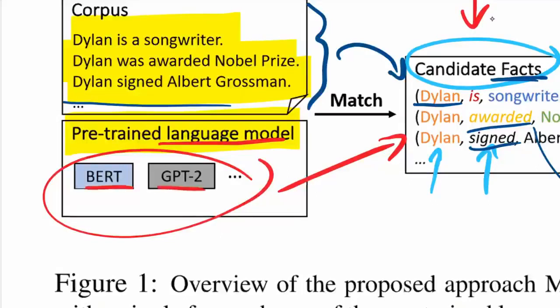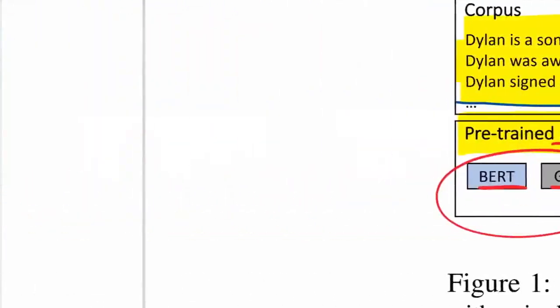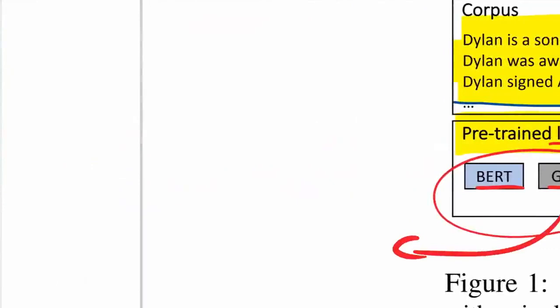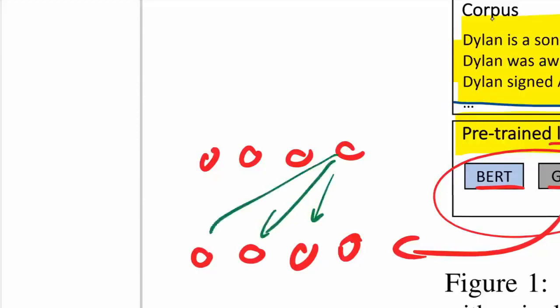Now, GPT-2 is an autoregressive language model. That means that in GPT-2 you produce each token one after another, which means that when you train or when you evaluate, each token can only attend to the things in front of it, right?